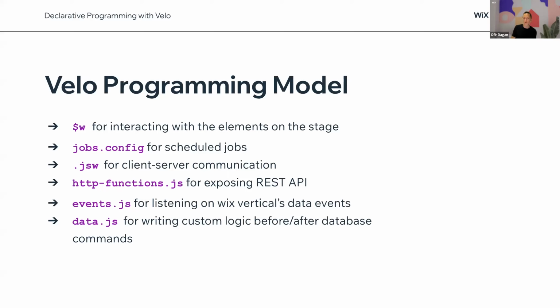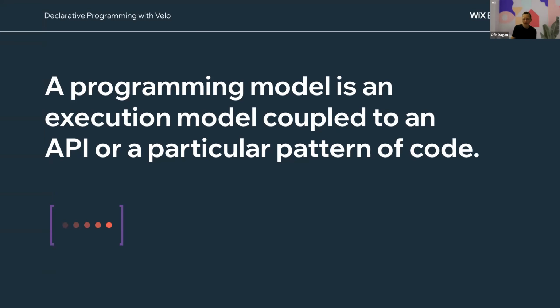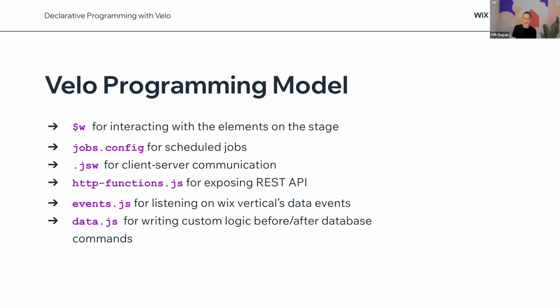So let's talk about the Velo programming model. First we have the $w. This is a particular API coupled to our pattern of code, right? And we use the $w for interacting with the elements on the stage.